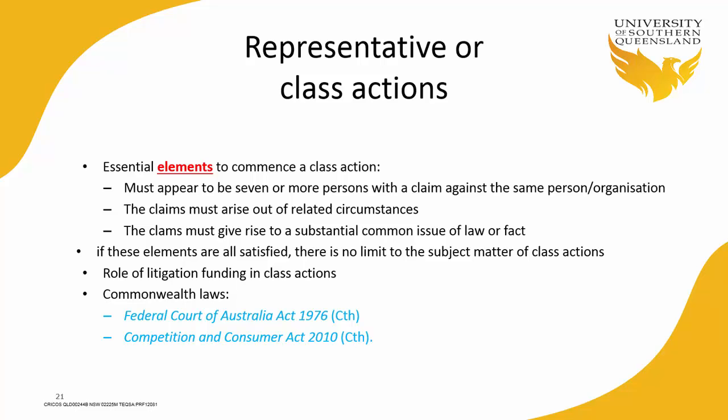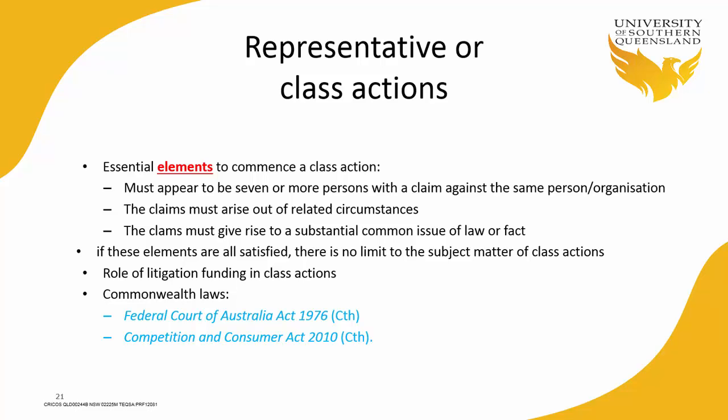There has to be at least 7 people with the same claim. It must arise from similar circumstances of these 7 or more persons, and these claims must give rise to a substantial common issue of law or fact.